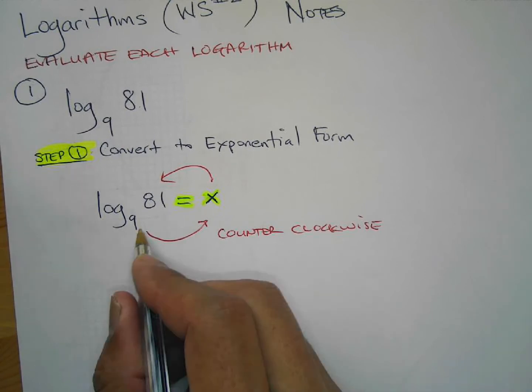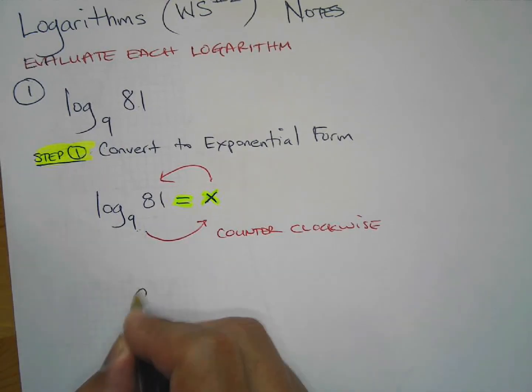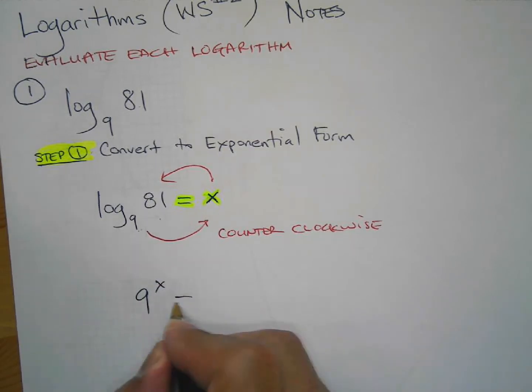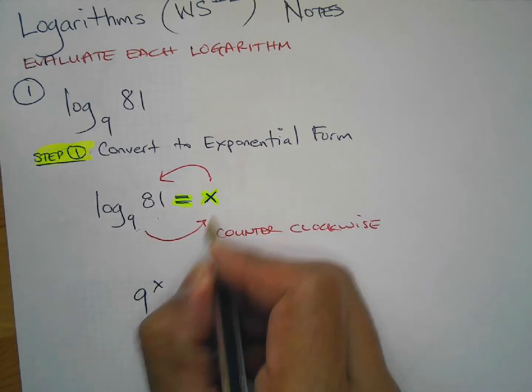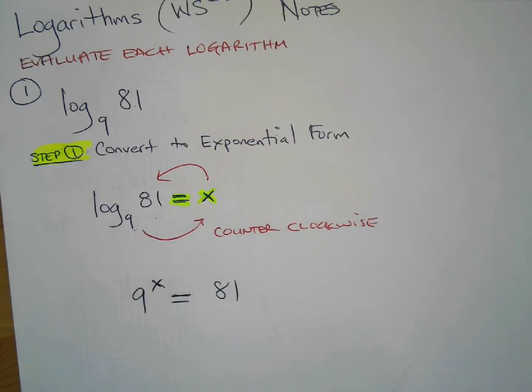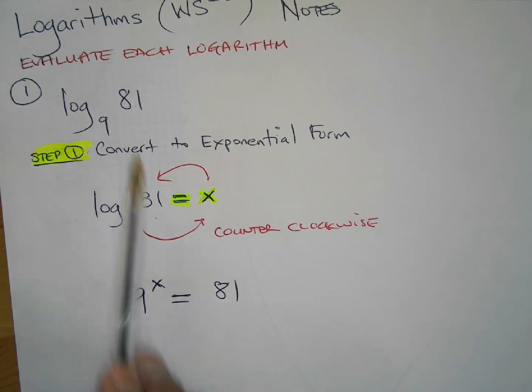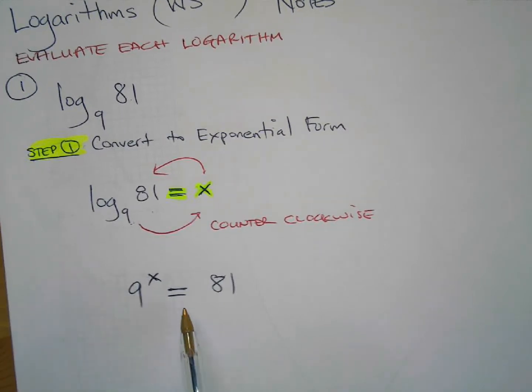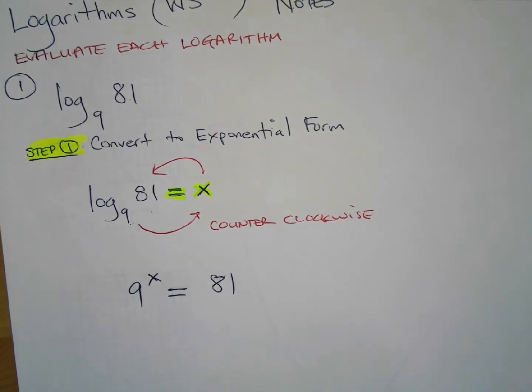This is what you're going to have. You'll have 9, starting with the base, 9 to the power of x equals 81. That is the first thing you need to do. Convert this logarithm into exponential form. This is the language we're familiar with.